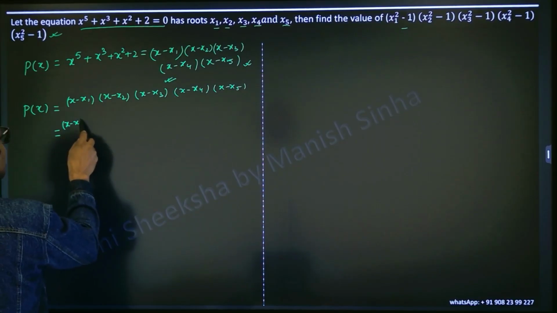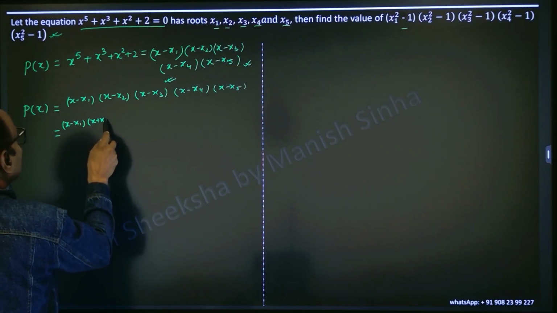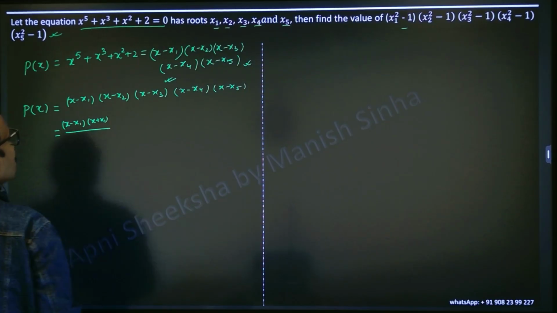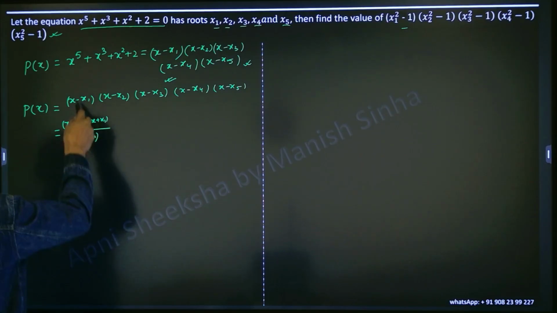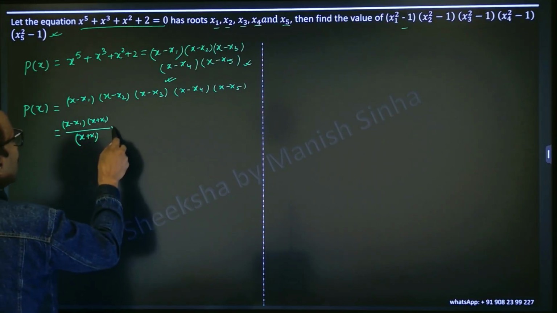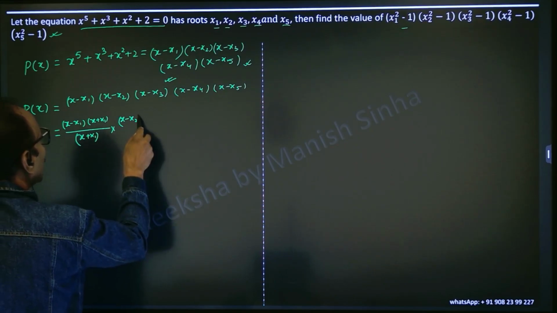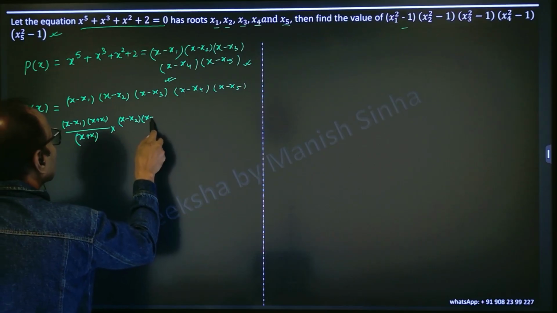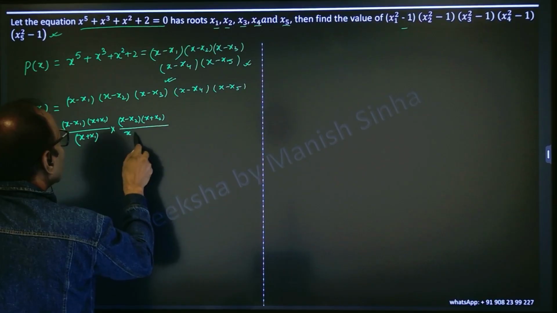To make it square, we will multiply by x plus x1 and divide by x plus x1. So it is the same thing, right? Same way, x minus x2, x plus x2 and divide by x plus x2.